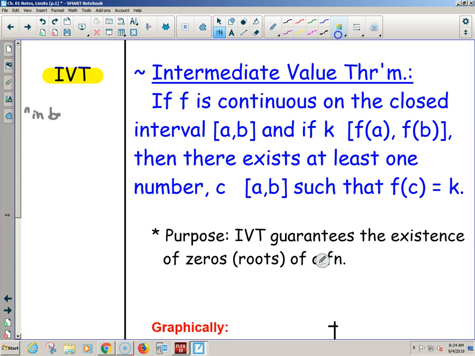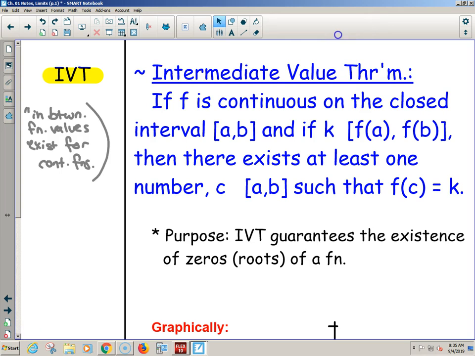In between function values exist for continuous functions.